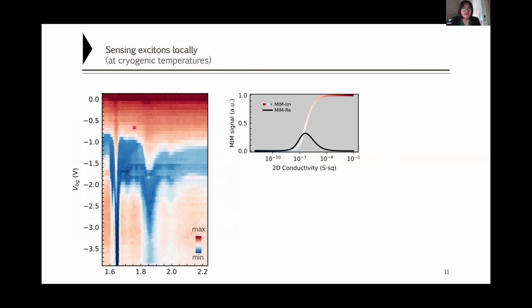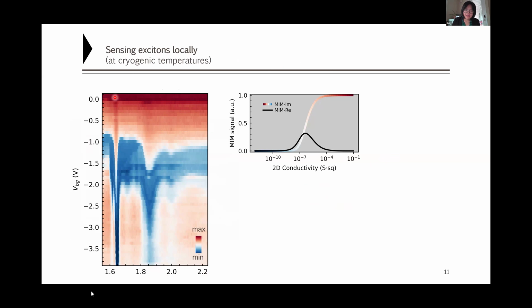So this is our result, and I will explain in detail what this figure is describing. The x-axis here, sorry, the axis label got cut off, is the excitation energy, so optical excitation energy here.